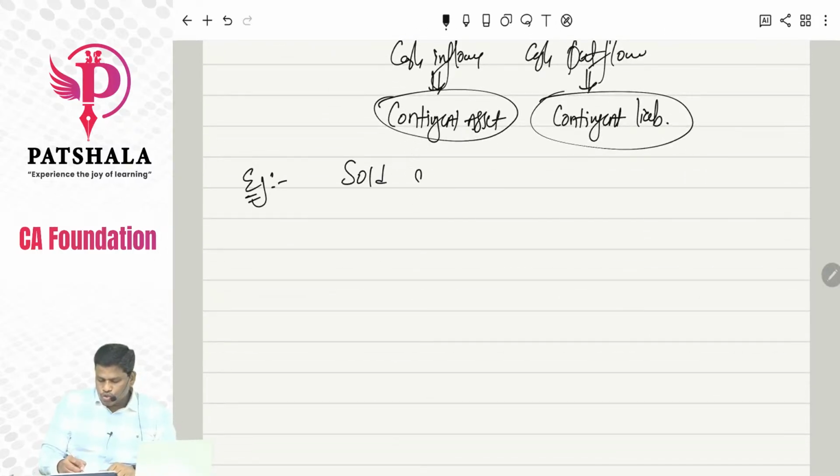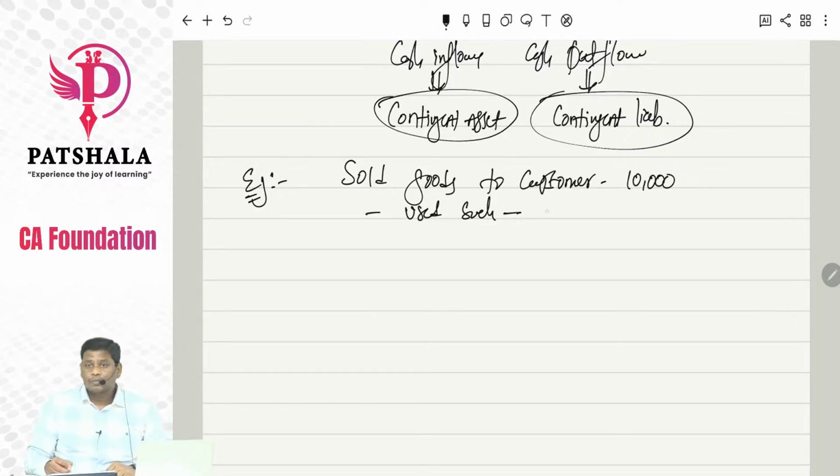An example. I sold goods to a customer worth 10,000. The customer used such goods, but because of that he got some side effects.